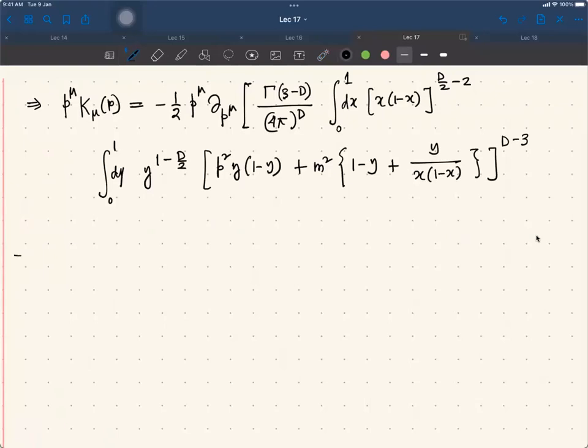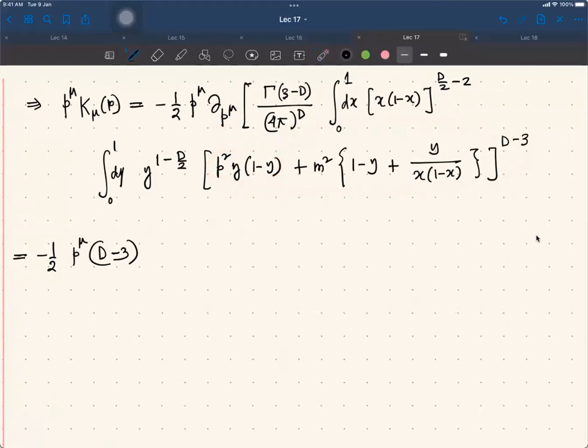And this result is minus half p mu. This derivative will act on this p square factor, which is here. So it is d minus 3 and this to the power d minus 4, which will come inside the integral, but outside we can take the derivative of this with respect to p, which is p mu y times 1 minus y.